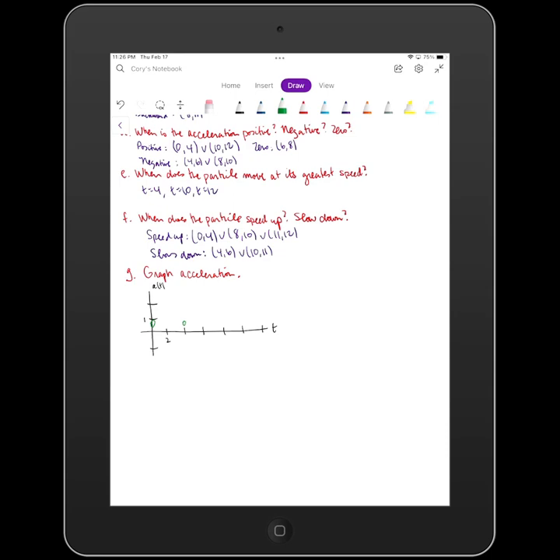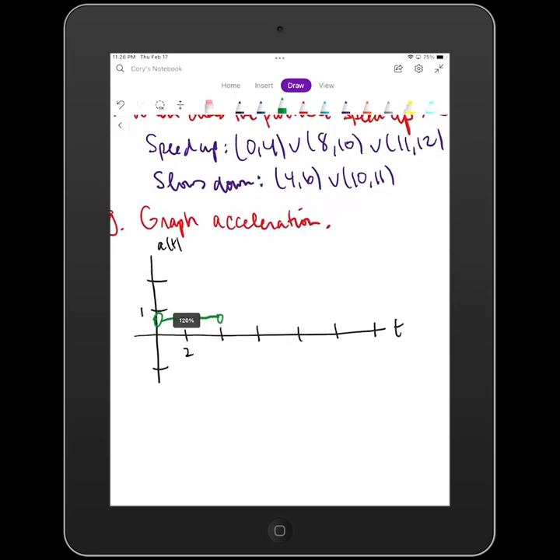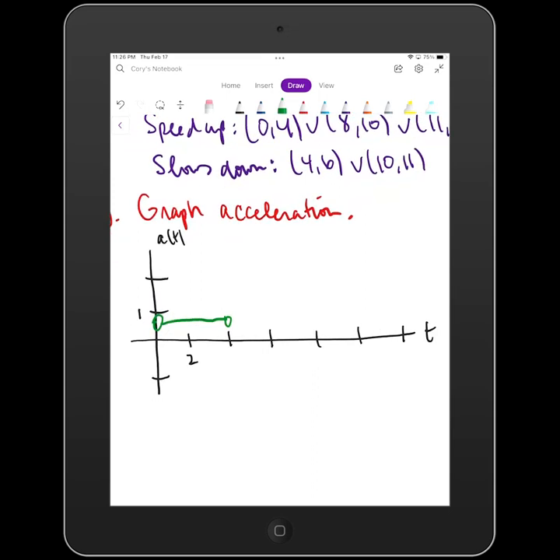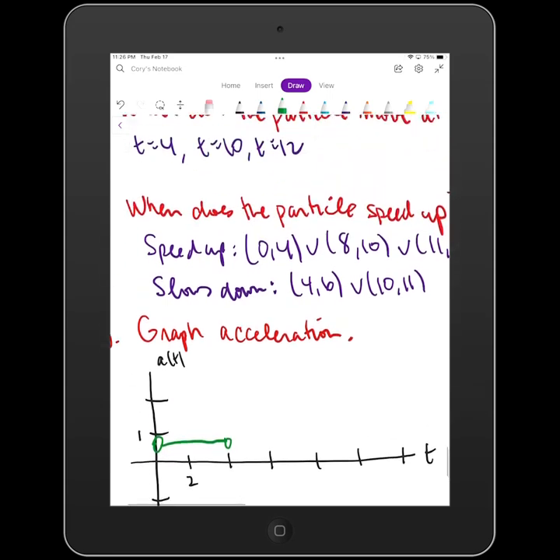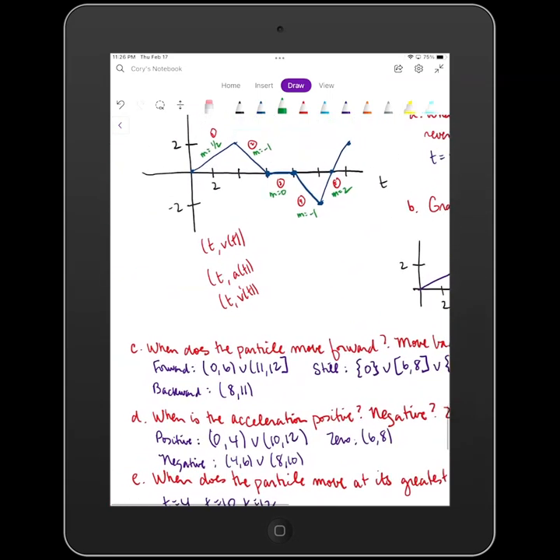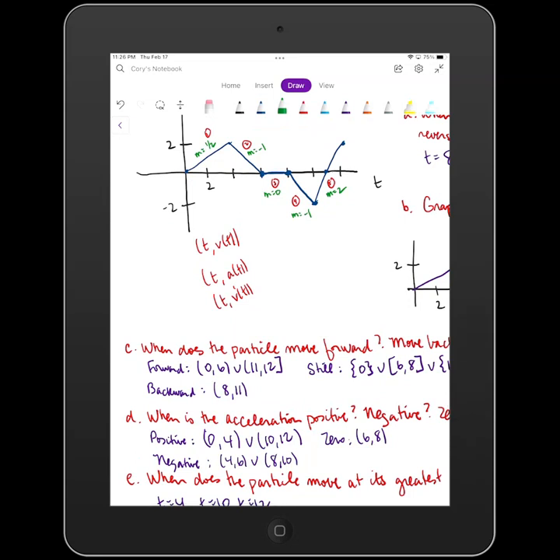Now, our starting point over here at t equals 0, if you want to use a closed dot or an open dot, it does not matter. But at 4, if I am graphing the derivative, I have to have an open dot on the graph of the derivative because the velocity function v of t has a corner, and we know derivatives do not exist at corners.